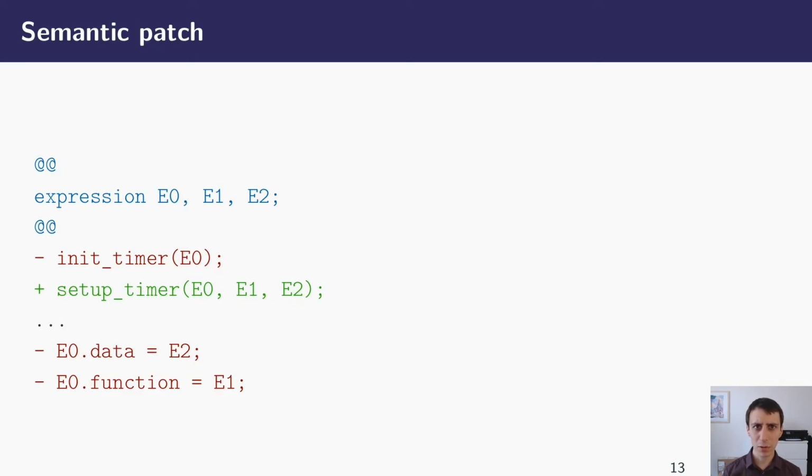Then there is a part where you want a change to happen. Here it's our init timer migration, with a removal of init timer and the replacement by the setup timer function. The only symbol that you may not know is the ... symbol. That means that there can exist any number of statements between the init timer removal and the data initialization removal.